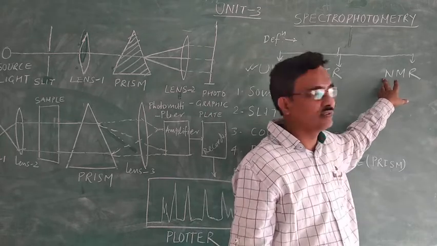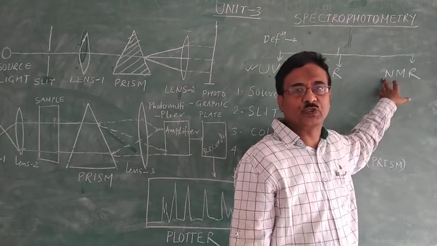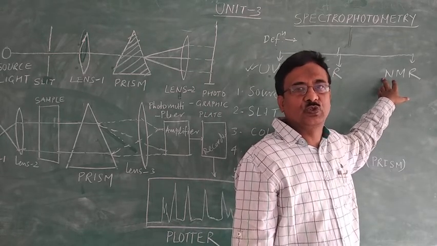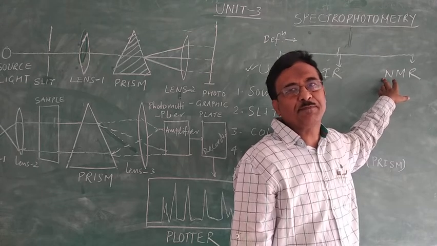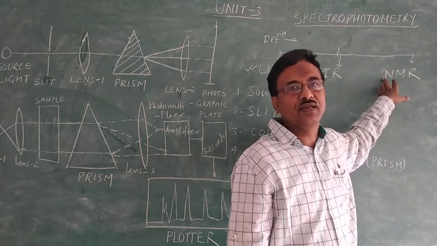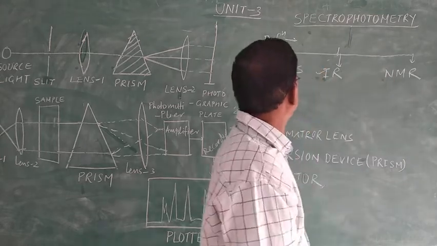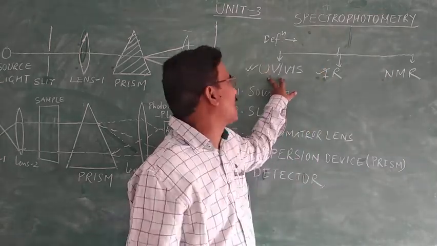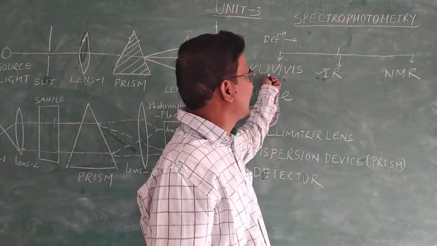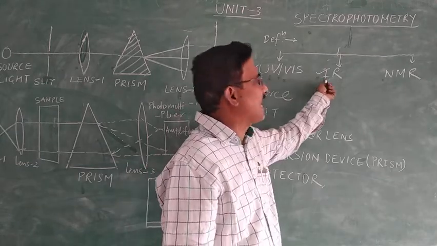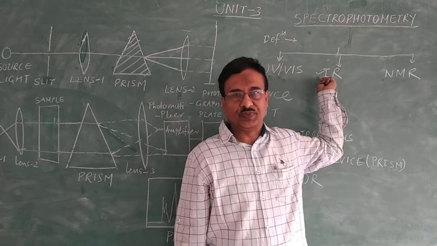And third is NMR spectroscopy, through which we can determine the types of proton present in the unknown structure of any compounds. So, today I discuss UV visible spectrophotometer and IR spectroscopy.